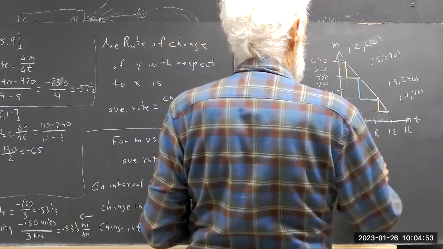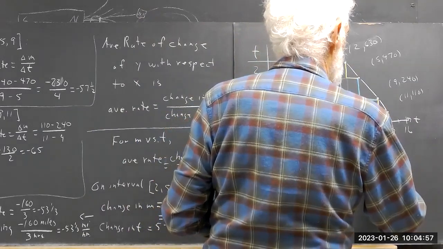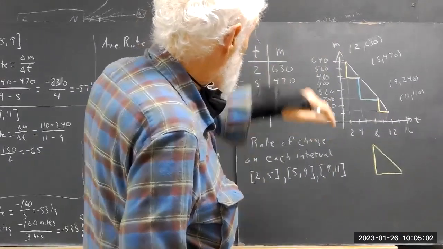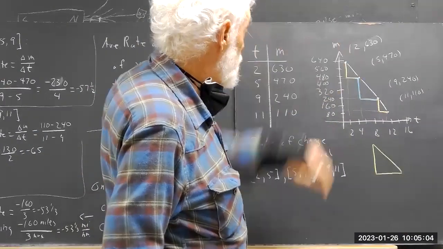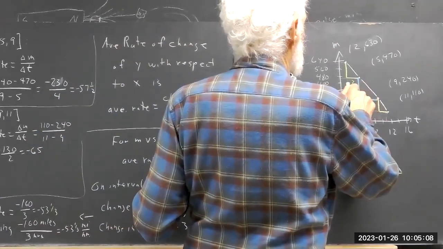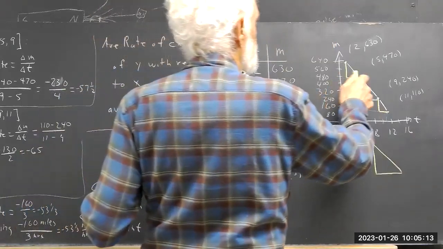This triangle up here, the green one. Its run goes from here to here. The run is 3. The rise is -160.